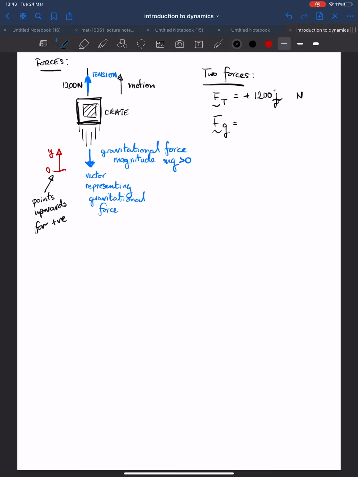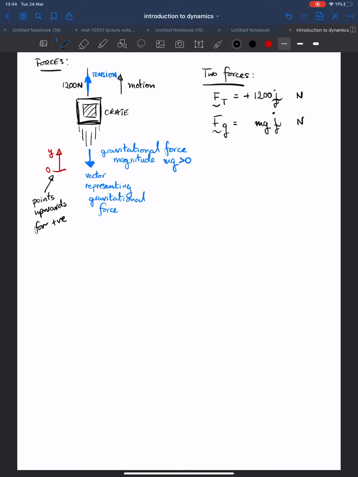And the second force, due to gravity, we know this is mg. Magnitude mg, aligned with the vertical direction, so this is in newtons. The last thing to do is to pick the sign to represent the direction. This direction is pointing vertically downwards, as you can see in the diagram.